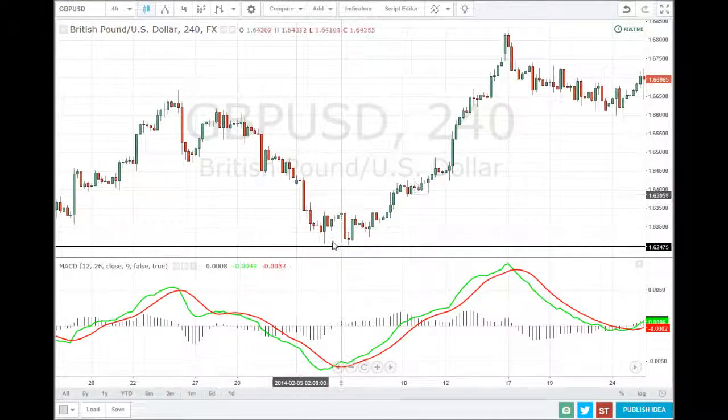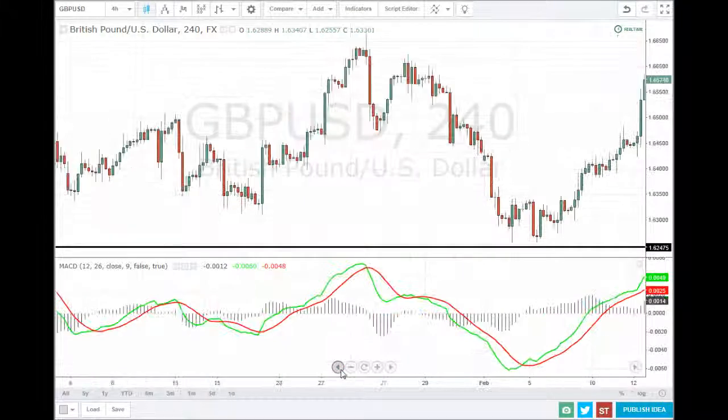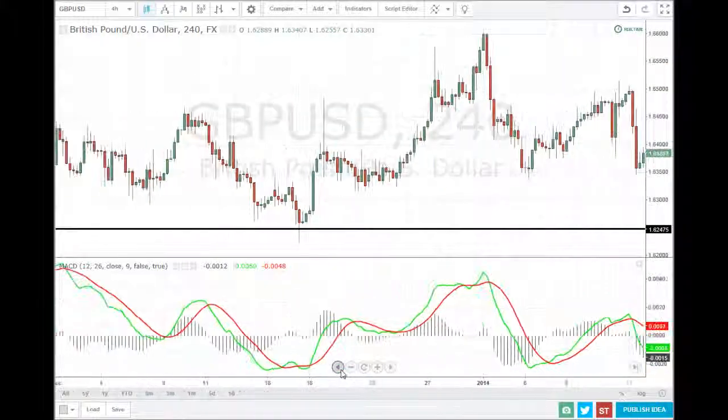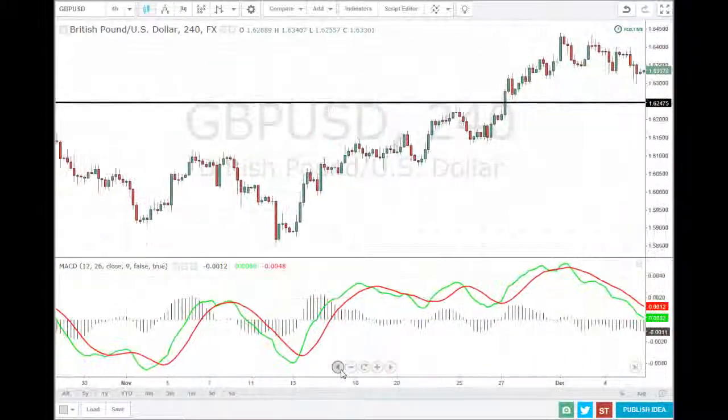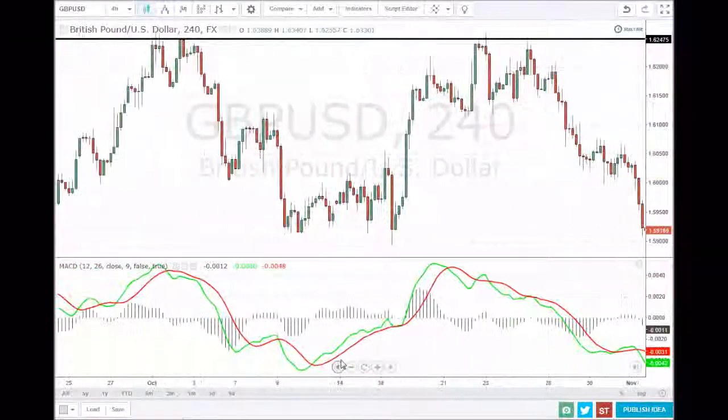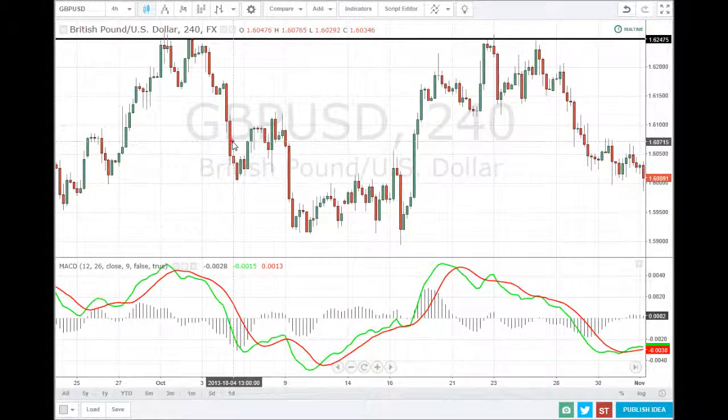Let's go back to when we originally identified this area of support and resistance. So we had a push on the upside and a clear rejection. We could now mark this area as a potential resistance.